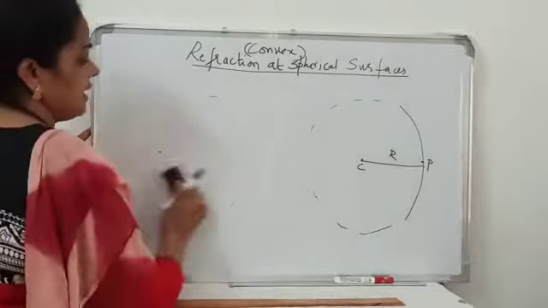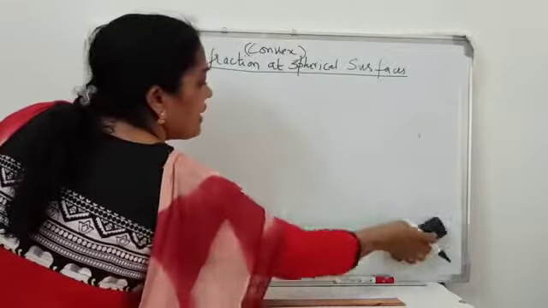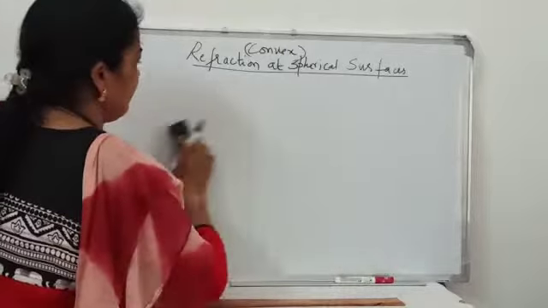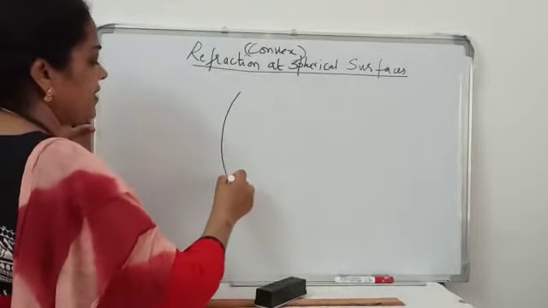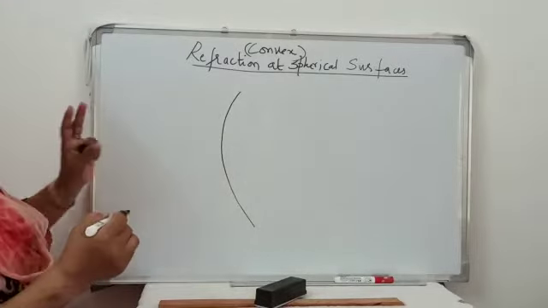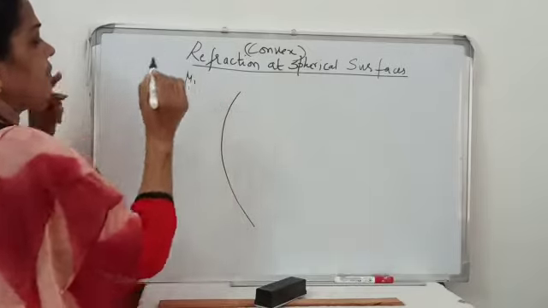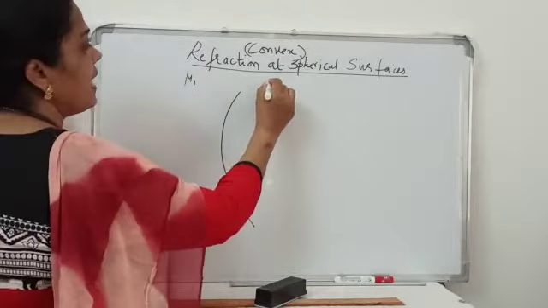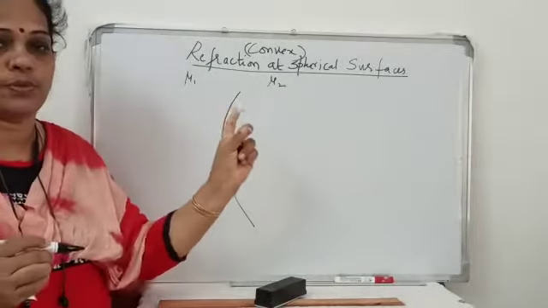Now let us see an expression for the refraction at a convex spherical refracting surface. Let us consider a convex spherical refracting surface which separates two media. This is a rarer medium of refractive index mu1, and this is a denser medium of refractive index mu2.